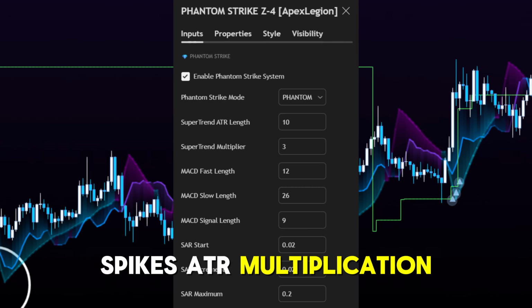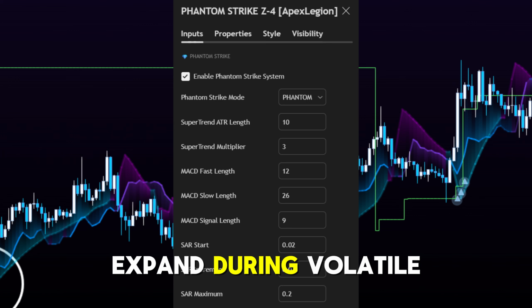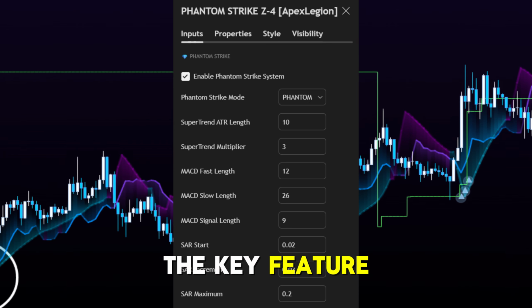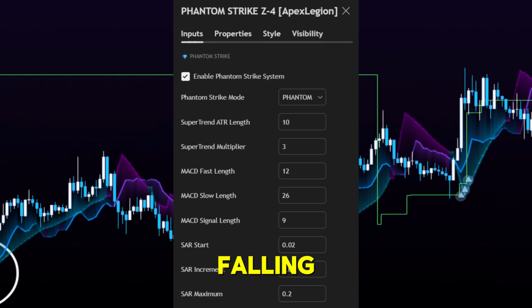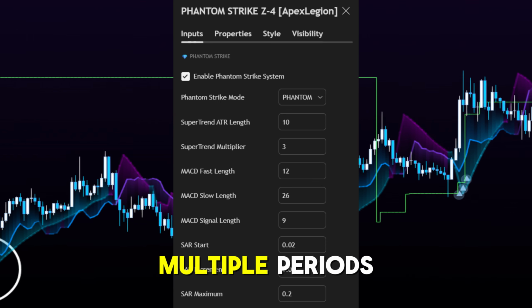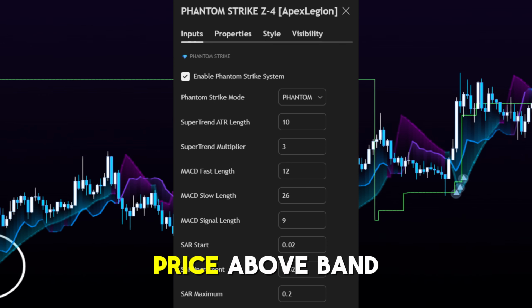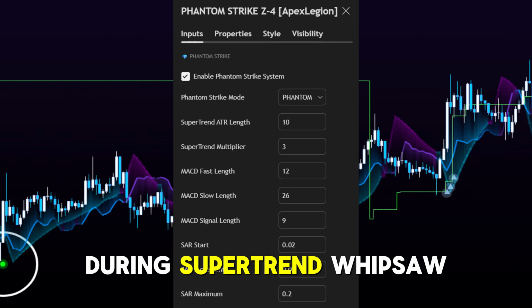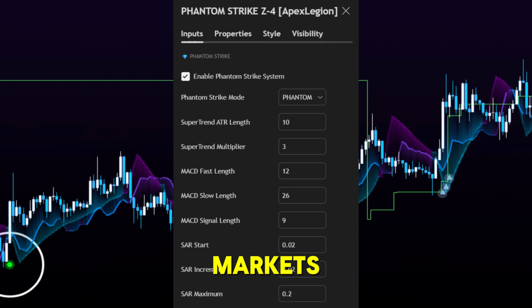ATR multiplication creates bands that expand during volatile periods and contract during consolidation. The key feature requires rising or falling trend confirmation over multiple periods rather than simple price above band validation. This screens signals during supertrend whipsaw periods common in sideways markets.